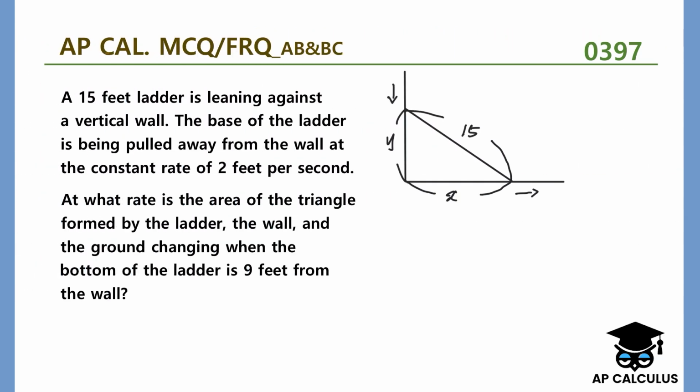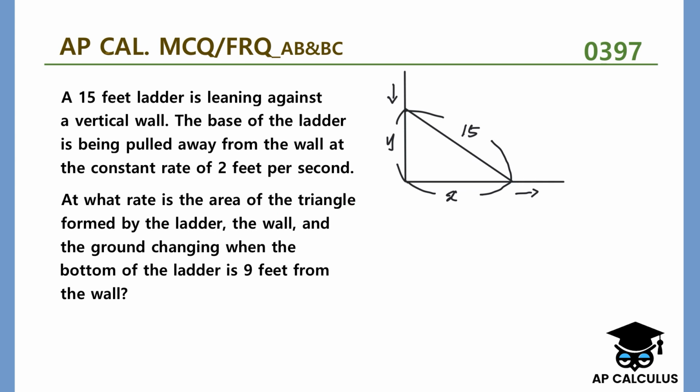Question 397. At what rate is the area of the triangle formed by the level, the wall, and the ground changing when the bottom of the level is 9 feet from the wall? So the question is asking us to find the change in area of the triangle, right?